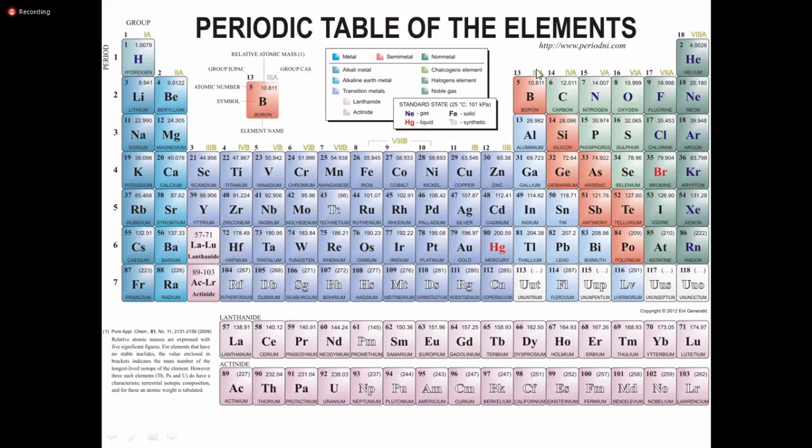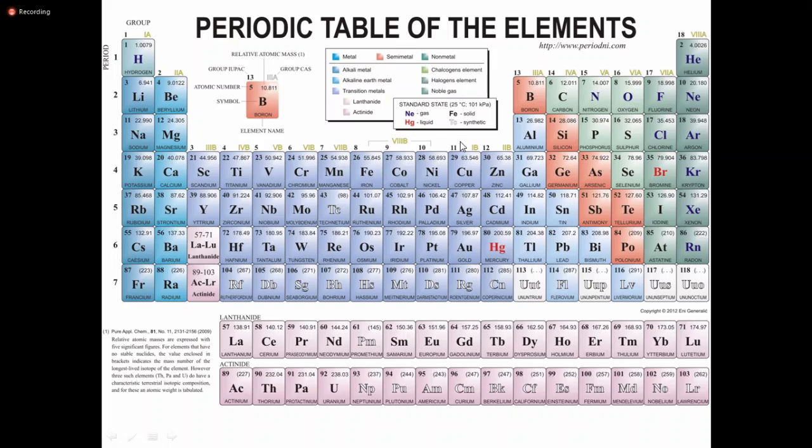These are S and P block elements, or representative groups. How about the transition elements? From group 3 to 12, this part, right?